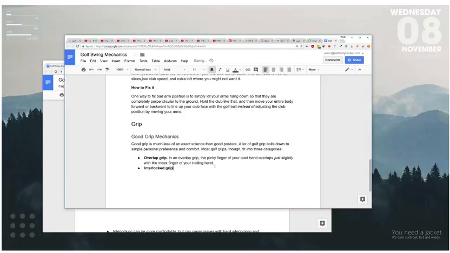Interlocked grip. An interlocked grip looks a lot like an overlap grip, but instead of your pinky, italics for emphasis, sitting on top of your index finger, your lead and trailing pinky and index finger are intertwined.